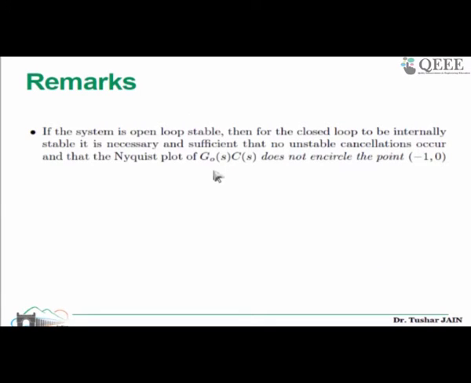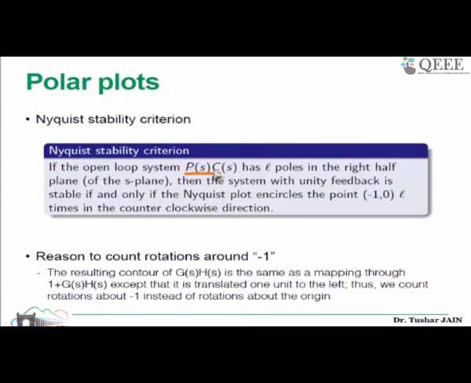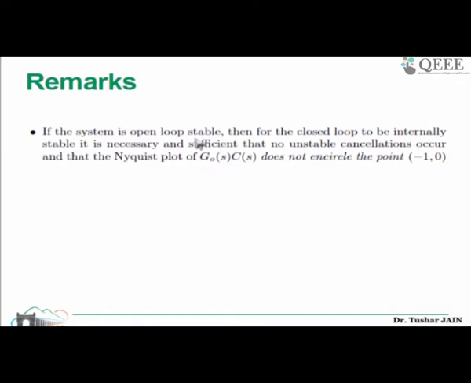Some remarks: if the system is open loop stable, and we pay attention to this theorem, then there should not be any encirclement for the system to be stable, right? If the open loop is stable, then for the closed loop to be internally stable, it is necessary and sufficient, under no unstable cancellation, that the Nyquist plot of G0 C does not encircle the point -1, 0.